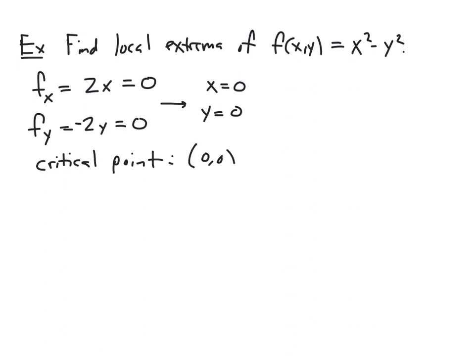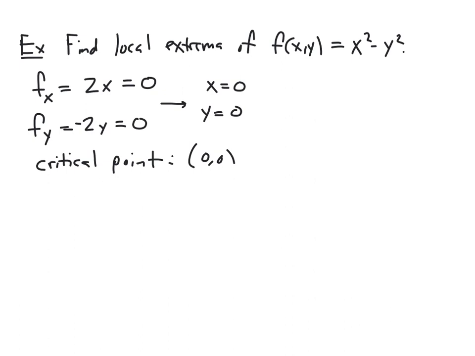So this is our only possible local extreme value. But again, it could be a local min, a local max, or it could be a saddle point. In this case, unlike the previous example, we don't have any nice algebra that we can do in this particular function. But what we could do is approach the origin along different curves.